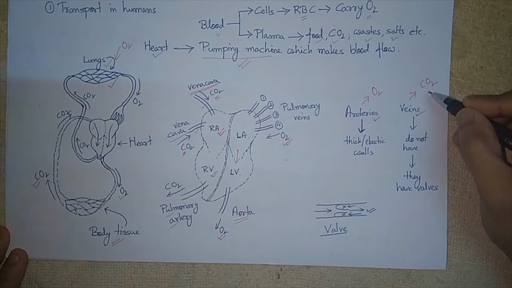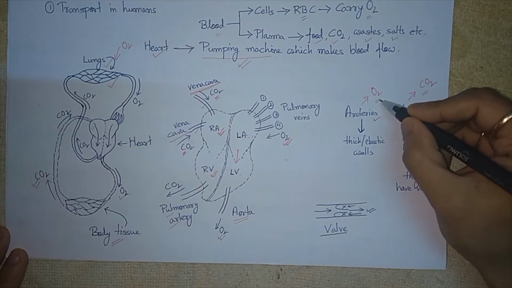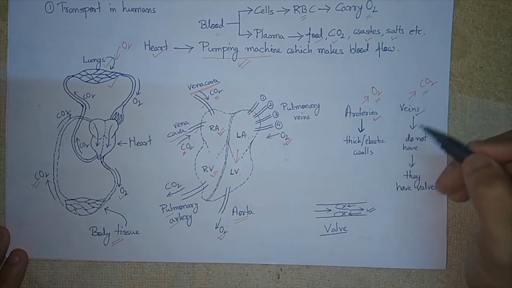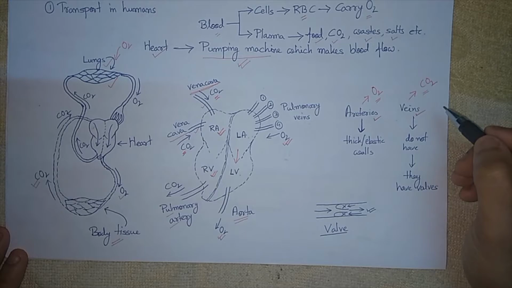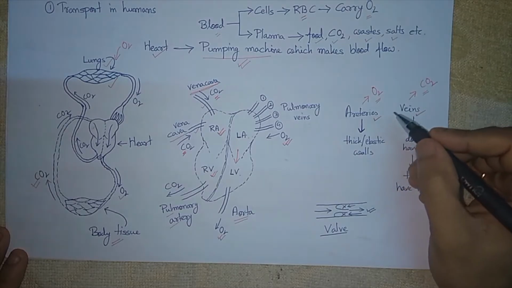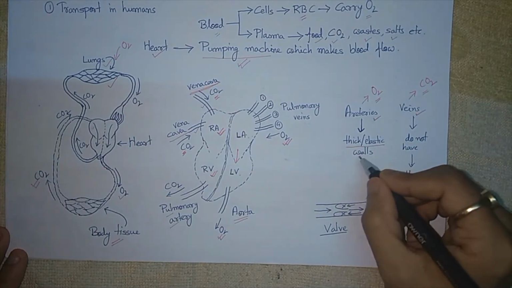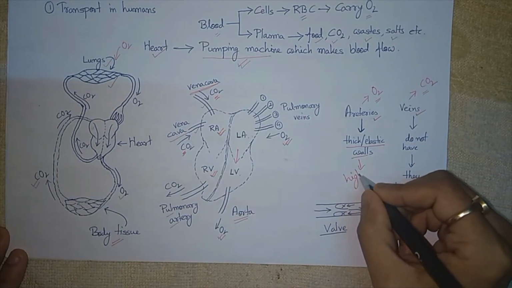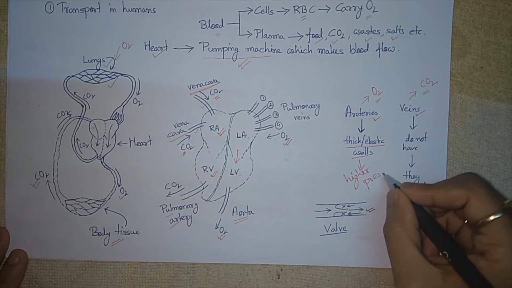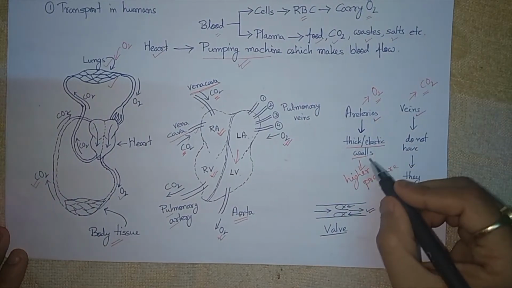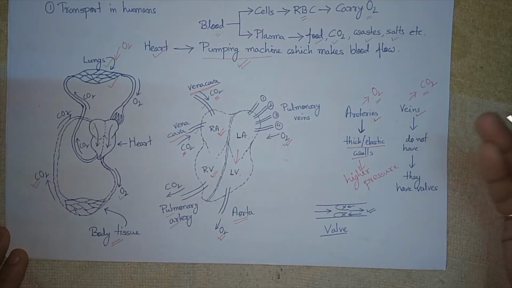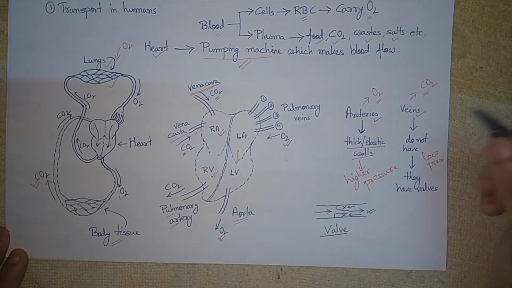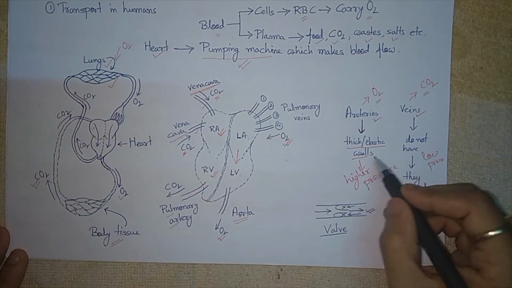Arteries have higher pressure than the veins because arteries have thick elastic walls so that they can withstand the higher pressure. Veins have lower pressure. That is why they do not have thick elastic walls.